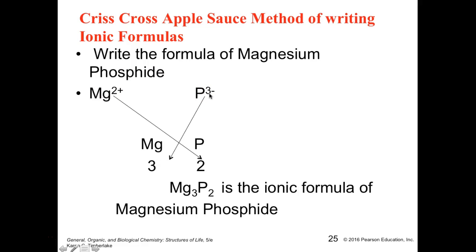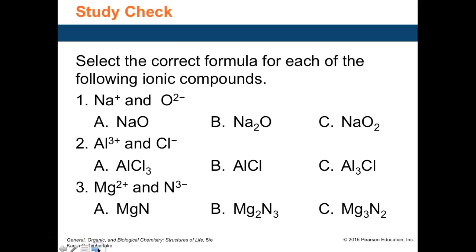So the opposite numeric value of the charges goes to the opposite atom. So the 3 of the phosphide goes to the magnesium, and the 2 of the magnesium goes to the phosphide, or phosphorus. So the new formula is Mg3P2. So that's the ionic formula of magnesium phosphide.